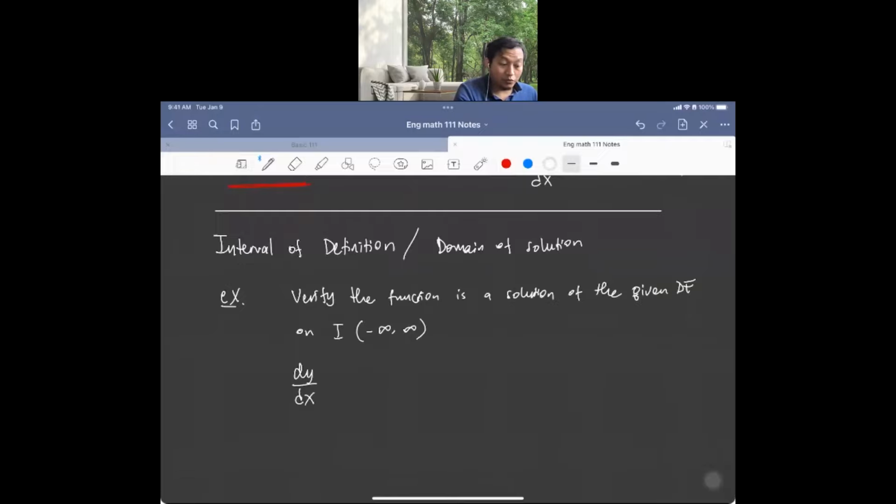So the DE is, for example, this. Our job is we already have the answer, but we are going to verify whether it's correct on this interval or not.